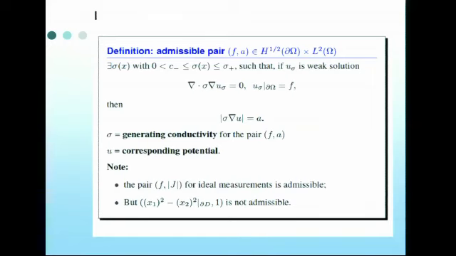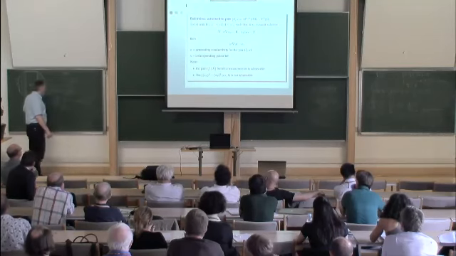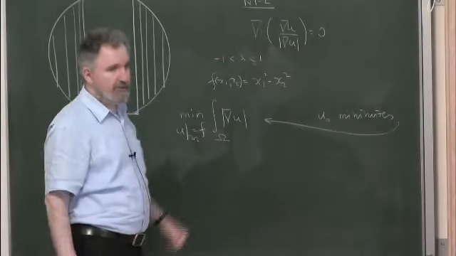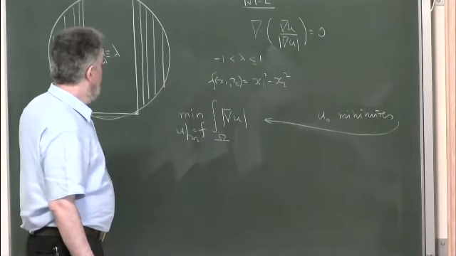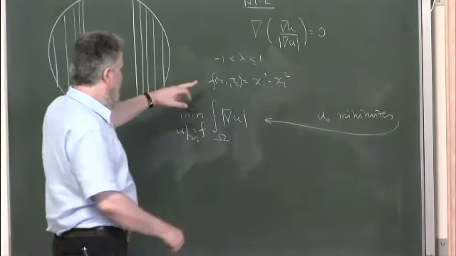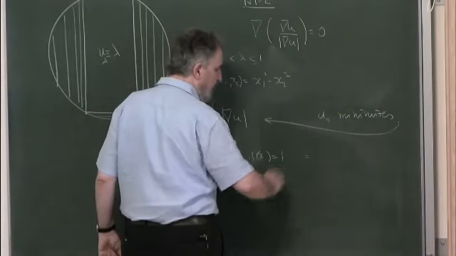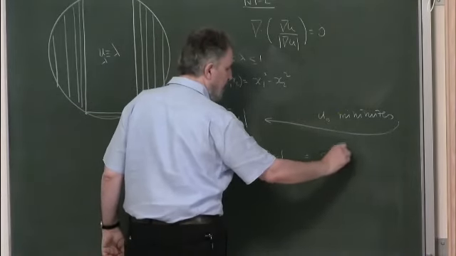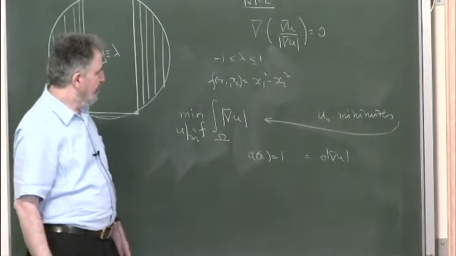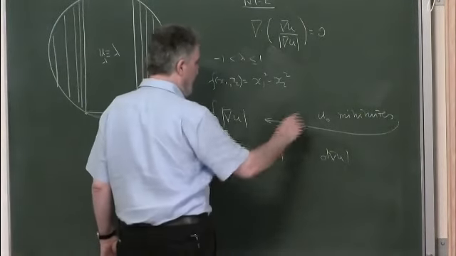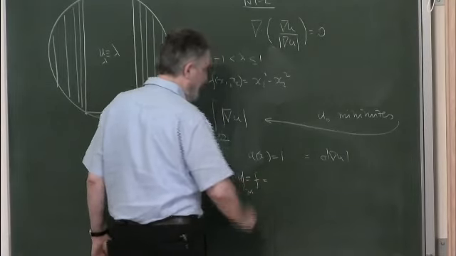And if you think about this example, by this definition, this would not be admissible. So the claim is that A equal 1 cannot be the conductivity, cannot be the magnitude of a current for this U equals this F on the boundary.